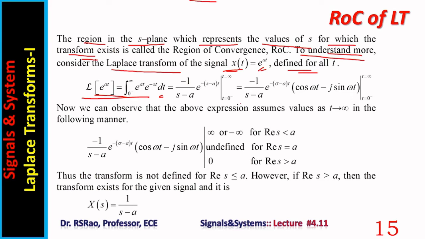Performing integration results in minus 1 by s minus a e power minus sigma minus a t cos omega t minus j sin omega t, limits t equal to 0 minus to t tends to infinity.